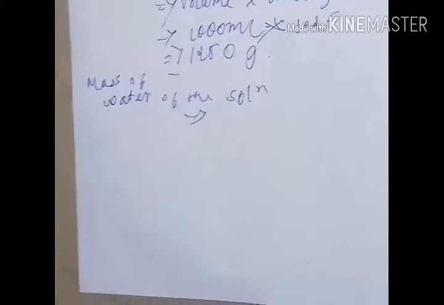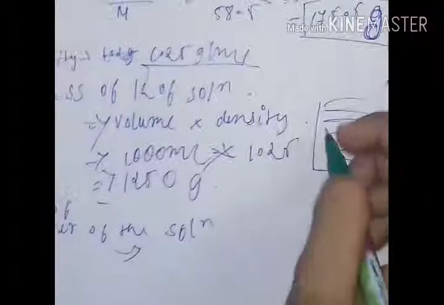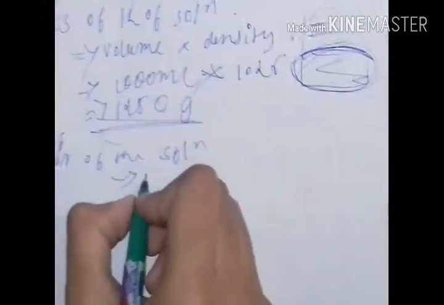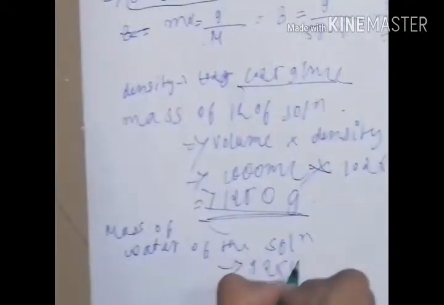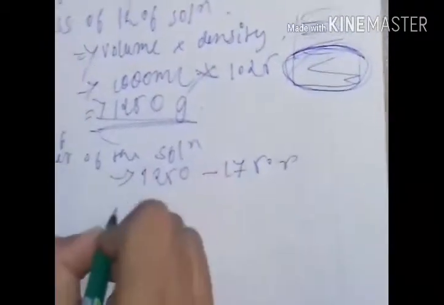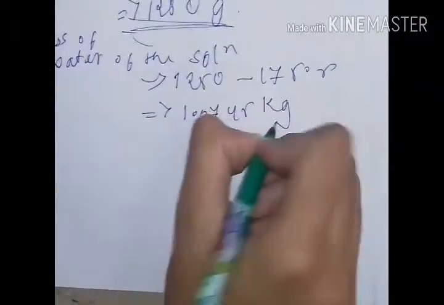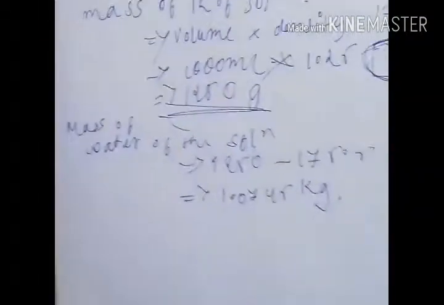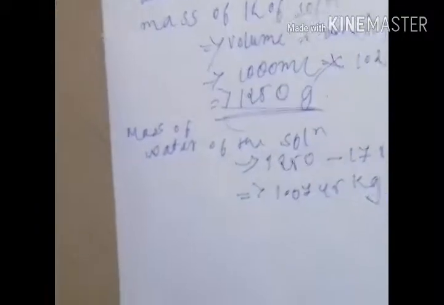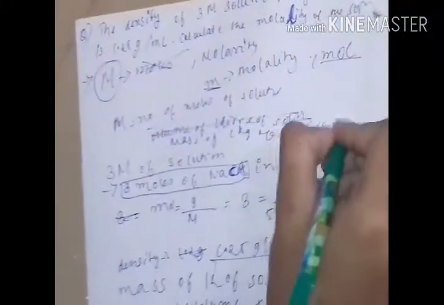So see, think that this is the solution, and we add some solvent in it. So what we are doing here, we are subtracting solute from this solution. Why are we subtracting? Because we want only solvent, because the formula is per 1 kg of solvent.